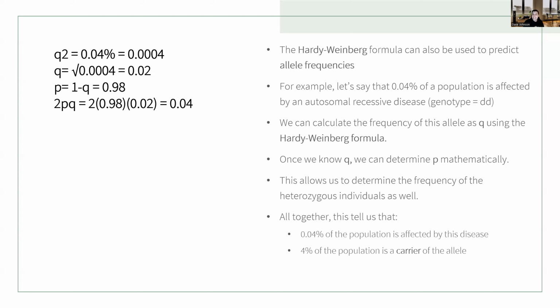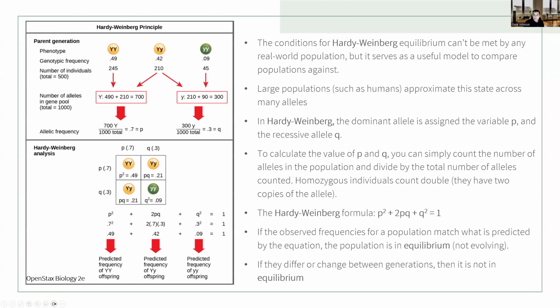So then how can we calculate the number of carriers? Well, it's simple. We know that the heterozygotes are equivalent to 2pq. If we go back to our original Hardy-Weinberg formula, p squared plus 2pq plus q squared must equal 1.